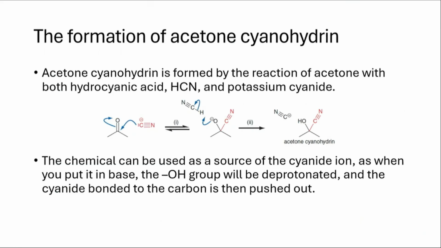You can see that cyanide will attack the carbon, and our pi bond between carbon and oxygen is redistributed to a lone pair. So we get this tetrahedral intermediate, and that oxygen gets a proton from hydrocyanic acid, and in the end we get acetone cyanohydrin.